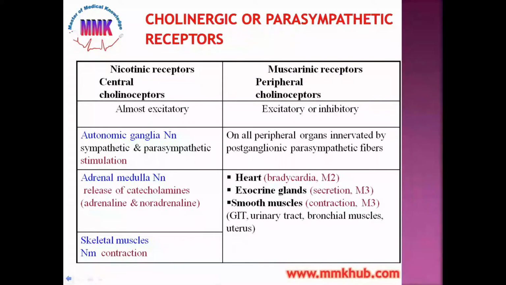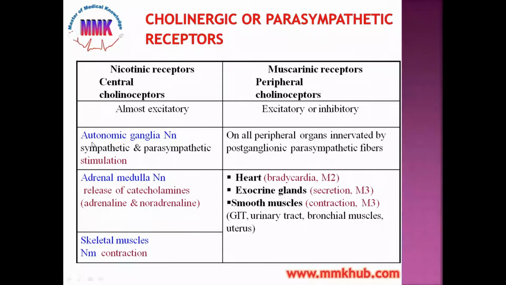Nicotinic receptors are also known as central cholinergic receptors, and the most important thing over here is that they are mostly excitatory. But if you see the muscarinic receptors, you remember that number 2 and number 4 were inhibitory, and number 1, 3, and 5 are excitatory. They are present in the periphery, so they are known as peripheral receptors, and they're excitatory and inhibitory both.